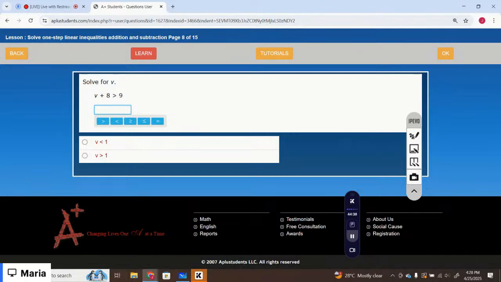V plus 8 is greater than 9. V is greater than 1.